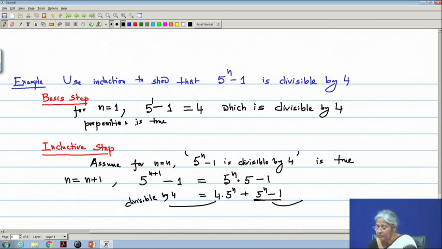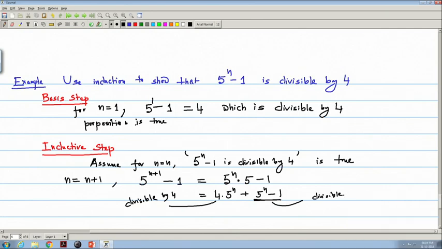And by mathematical induction, since it is true for n, it is divisible by 4.